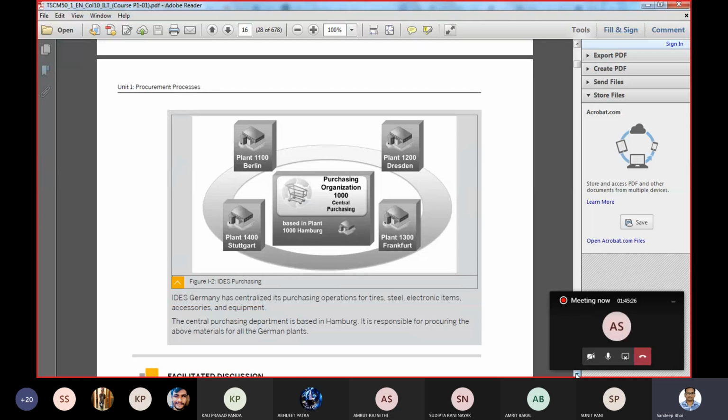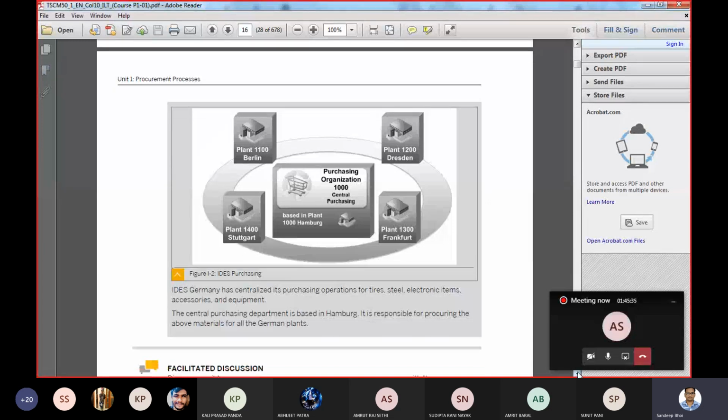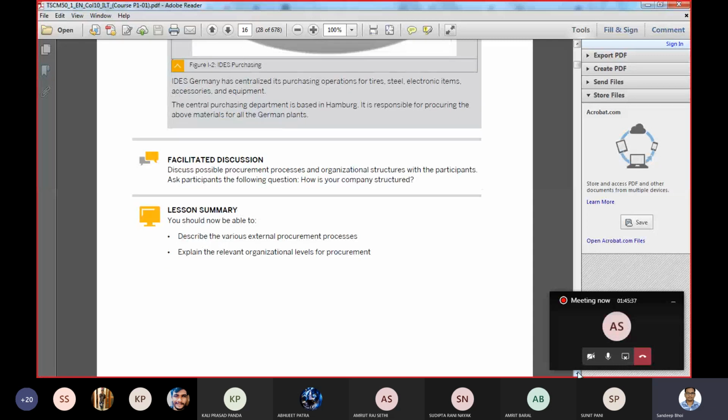Purchasing organization 1000 has some different plants associated with it. Hopefully you got to know these things also.